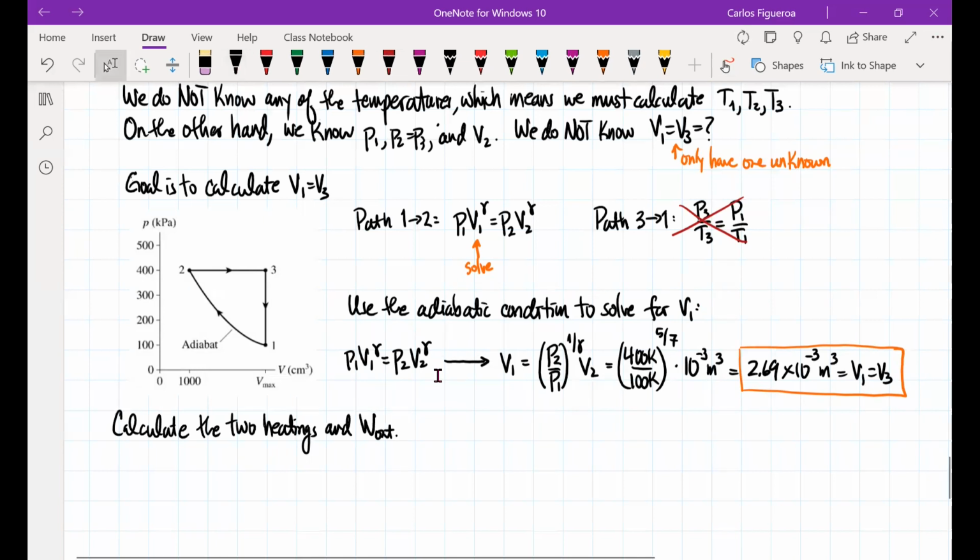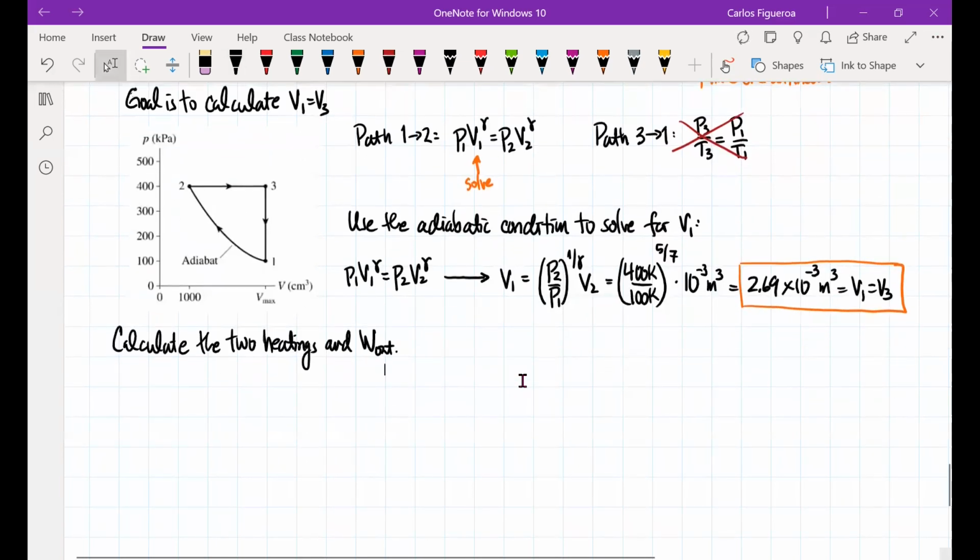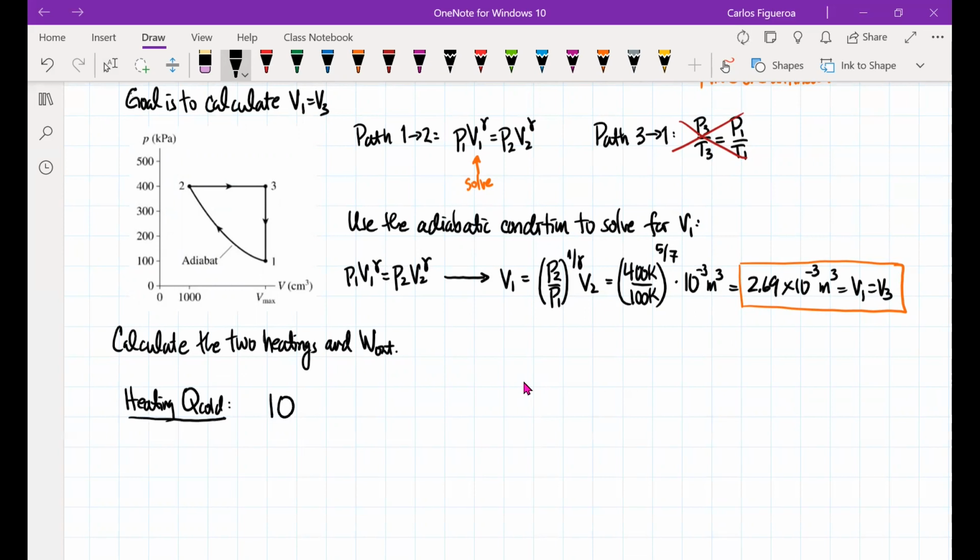The first one is the heating Q cold. Remember, I need to take the absolute value of Q cold.